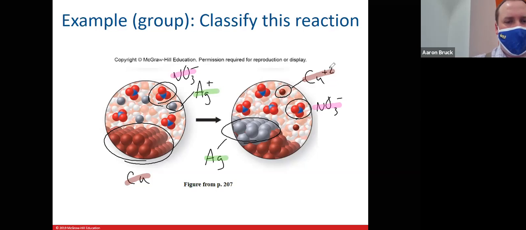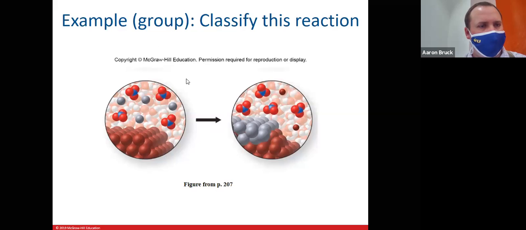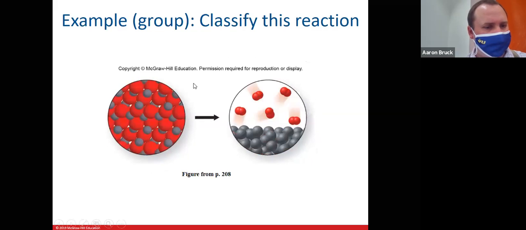It is a single replacement reaction because, again, one of our reacting components on each side is an element, not both of them. Both of them have to be compounds in order to be double replacement. All right, let's look at one more.